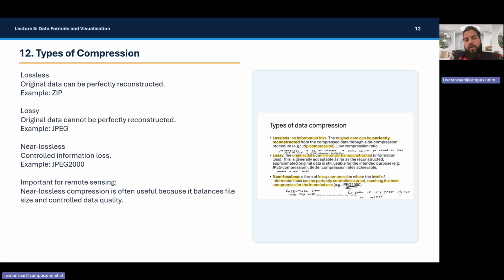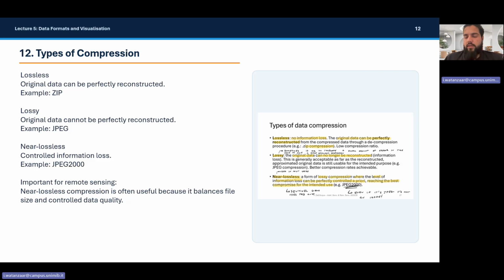Now, which compression do we use for remote sensing data? That is exactly near lossless, because this compression is useful as it balances file size and data quality. So we have more control over what we need to lose, what size we need exactly, and how much quality we need to reconstruct. That's why it's really important.